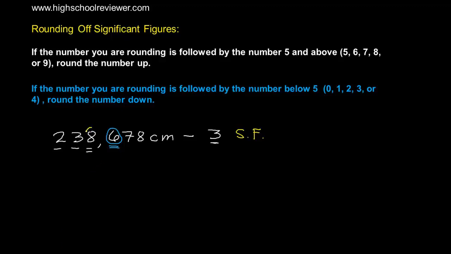So we are going to round up 8. We are going to add 1, so 8 will become 9. 238,678 rounded off to the third significant figure will now become 239, and all the remaining numbers will now become 0. So this will now become 239,000 centimeters. And this is our final answer.